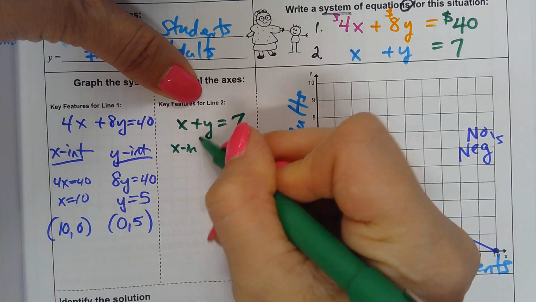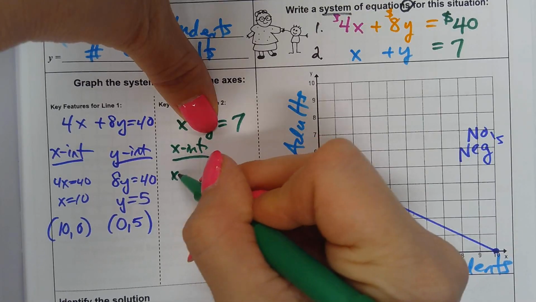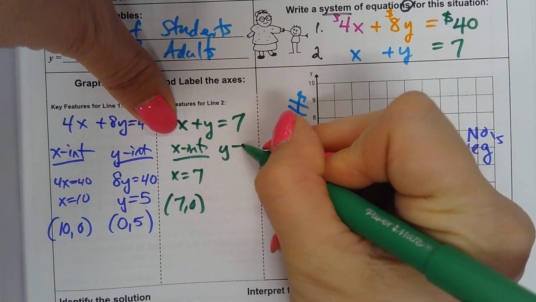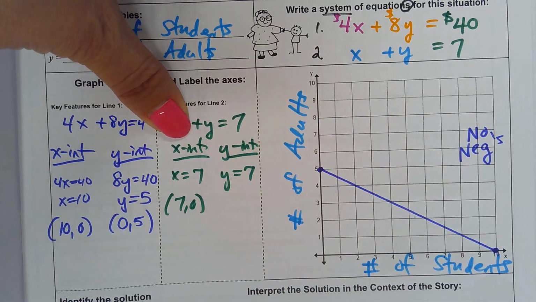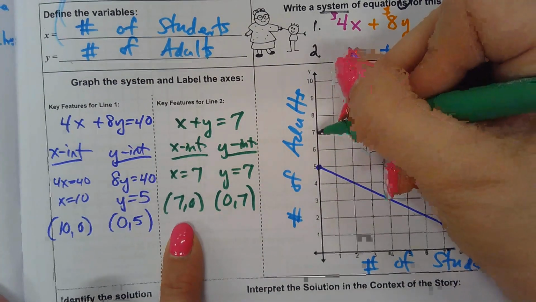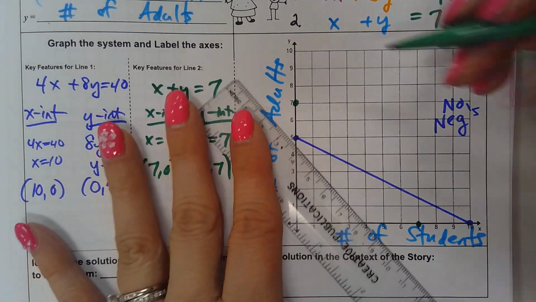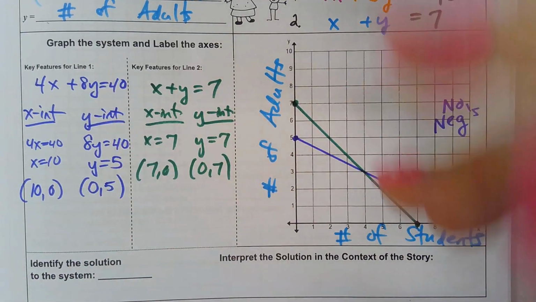So for the x-intercept, I cover up y, and I get a 7. For the y-intercept, I cover up x, and I also get y for a 7. So this graph starts at 0, 7, goes to 7, 0, and again, do not draw arrows, okay, no negatives.